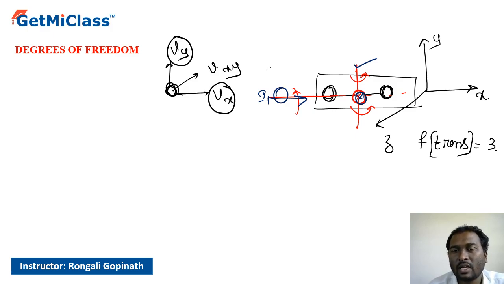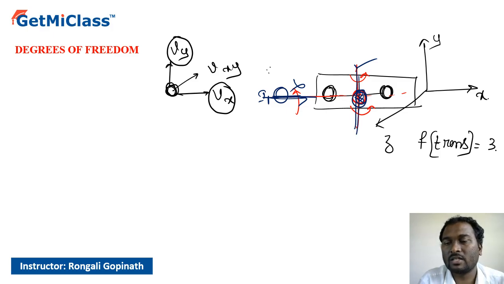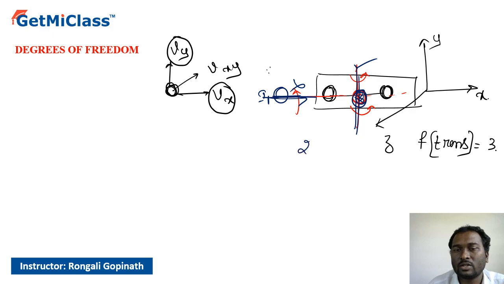So this particular axis is of no use for us, or I can say that there is no energy associated with that particular axis, but I can have energy in a translational motion along x-axis, y-axis and z-axis, as well as rotational kinetic energy about these two axes. One is into the page and one is passing through the perpendicular bisector, right? So rotationally it has 2 degrees of freedom.